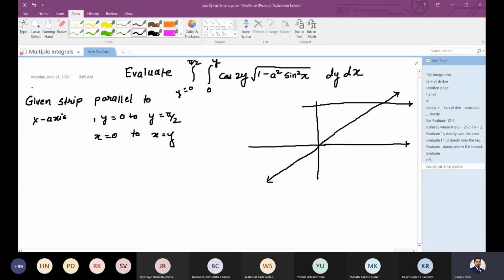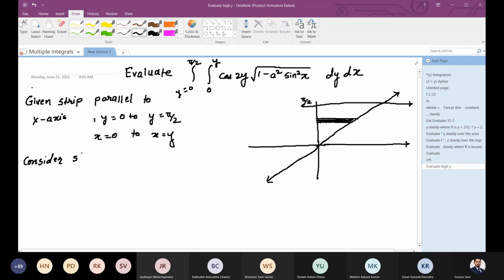Since the strip is parallel to the x-axis, the region which is bounded is this. So we can see that all the conditions are satisfied here. Y is running from 0 to y equal to pi by 2. This is the line y equal to pi by 2. The left hand side end of your horizontal strip is x equal to 0 to the line x equal to y.